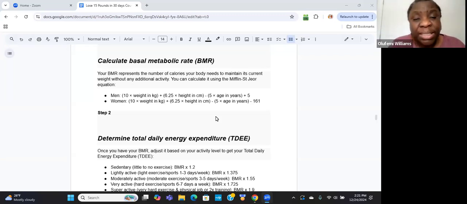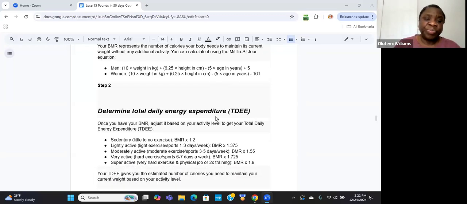So that will be 10 times weight in kg, plus 6.25 times height in centimeters, minus 5 times age in years, minus 161. But don't worry, I know some people don't like calculation. We'll show you an app that you can use.